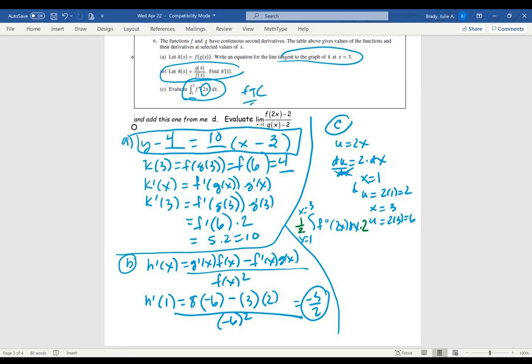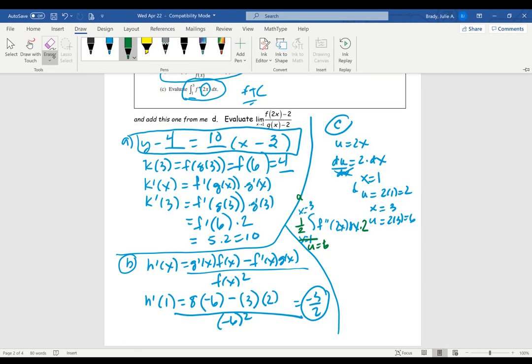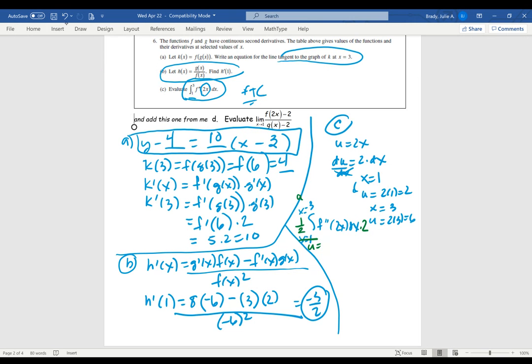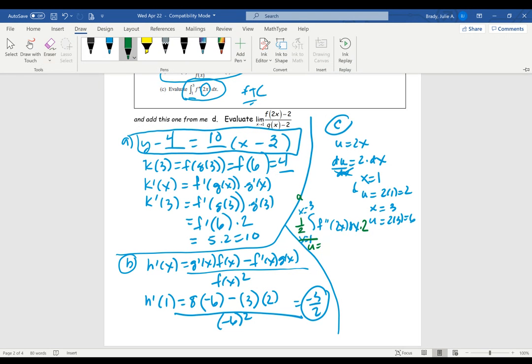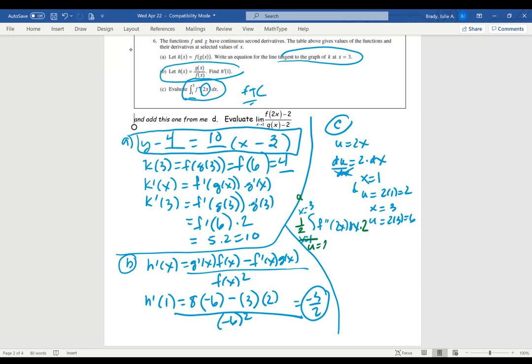I know that if x is 1, u is 6. Oh no, sorry, if x is 1, u is 2. Get the eraser. Okay, so if x is 1, u is 2. If x is 3, u is 6. So there are my new bounds.